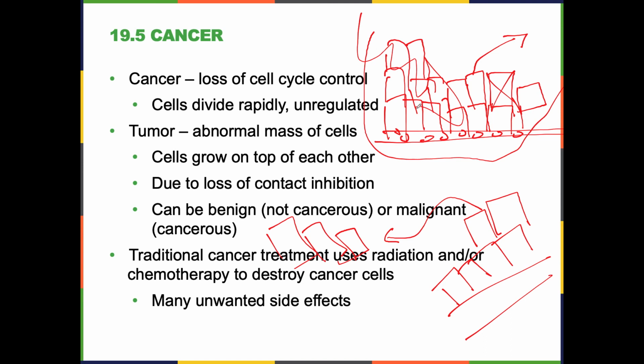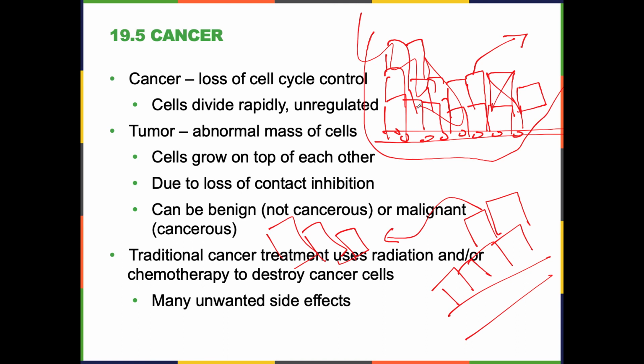And so they use that to destroy the cancer cells, but because there are other rapidly dividing cells, like your hair cells, your skin cells, there are many unwanted side effects of things like chemotherapy and radiation, which is really non-selective. It just destroys, right? So it's a really harsh thing to go through. If you've ever had the misfortune of knowing someone, or you yourself have gone through cancer treatments, it's not something that's very easy for the body to take, right?